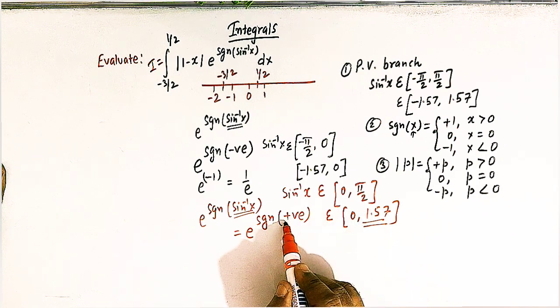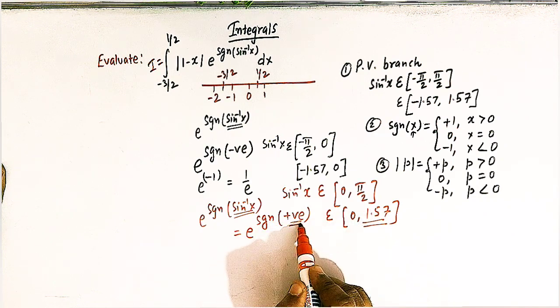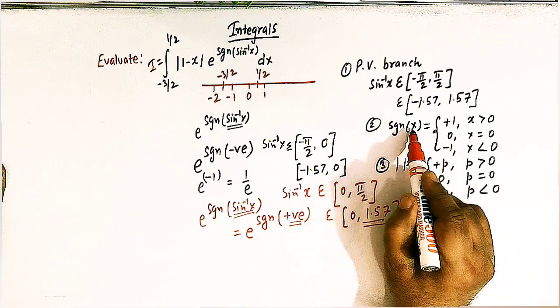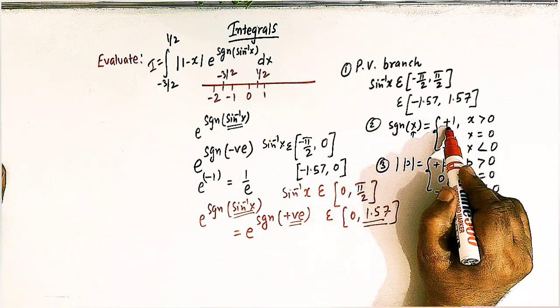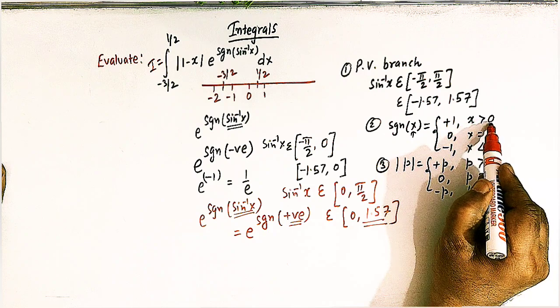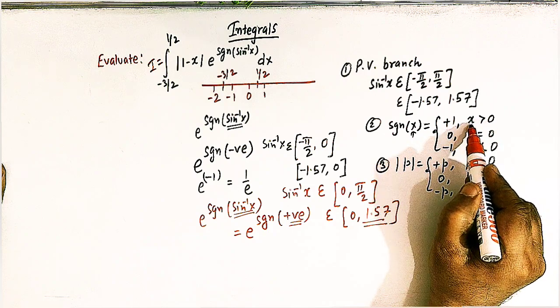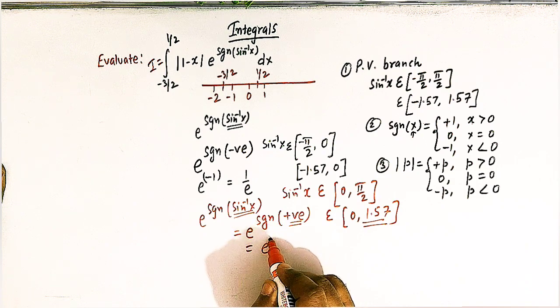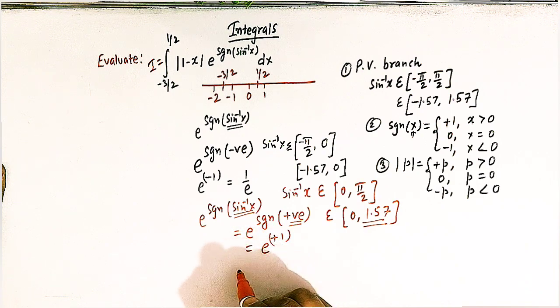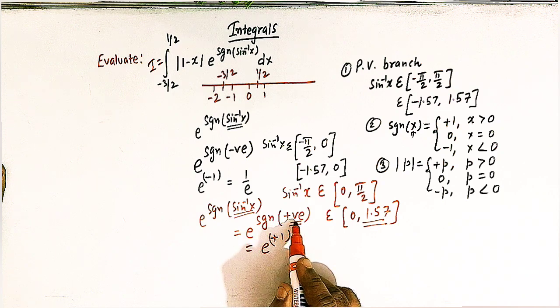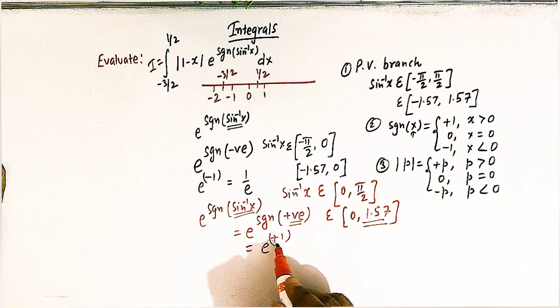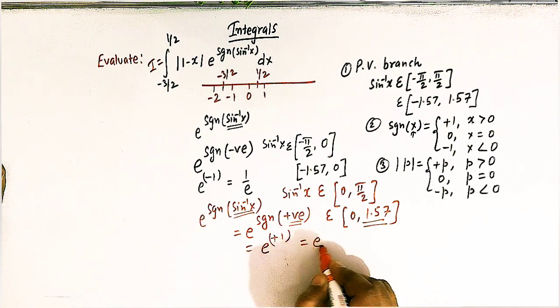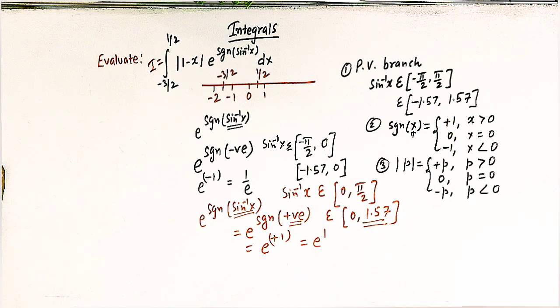And we know that signum of x takes the value plus 1 whenever x is greater than 0. So here we have e raised to plus 1, because signum of a positive quantity is equal to positive 1. So we have simply e raised to 1, right?